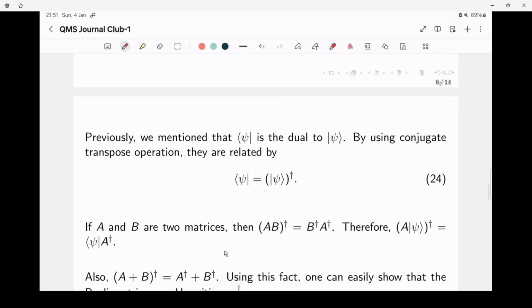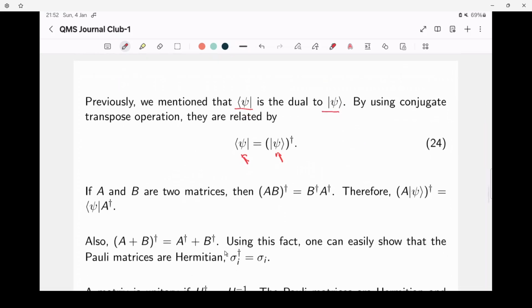Previously, we also mentioned that the bra is dual to the ket. Now we look at the dagger operation, which is a conjugate transpose. You can see that when you perform conjugate transpose on your ket, you get your bra, which is a dual vector.